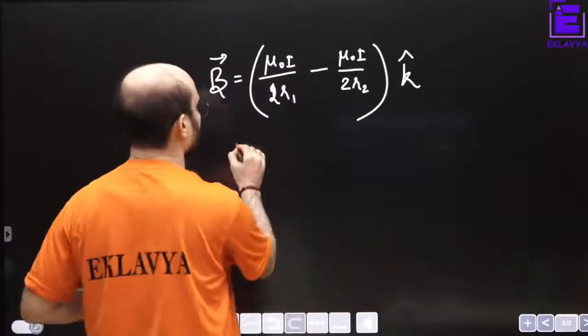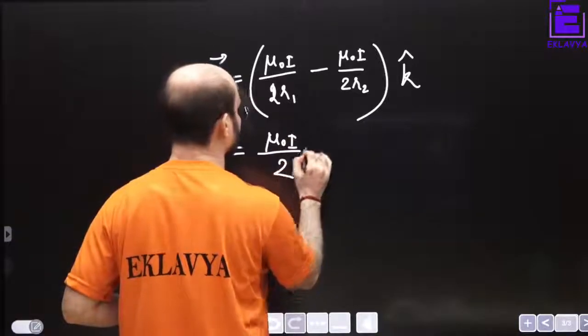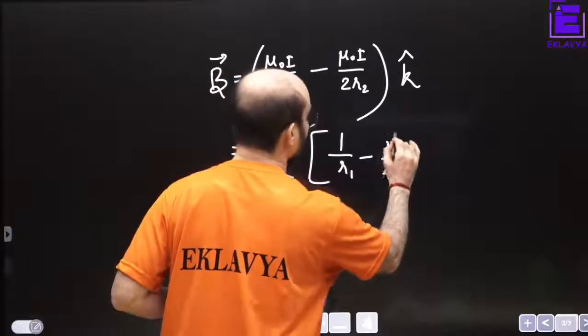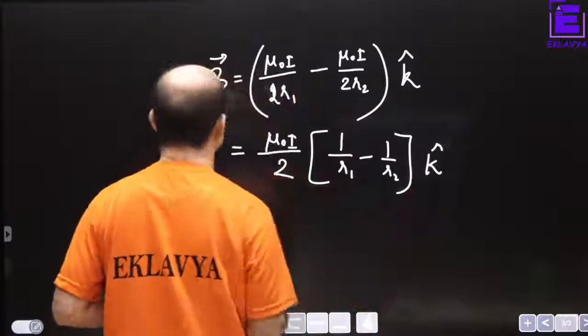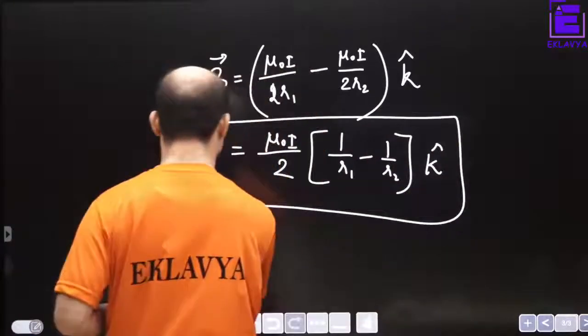So what is the final answer? Mu naught I by 2 could be taken out of this. This is 1 by R1 minus 1 by R2, and this is along z-axis. So this is our final result, right?